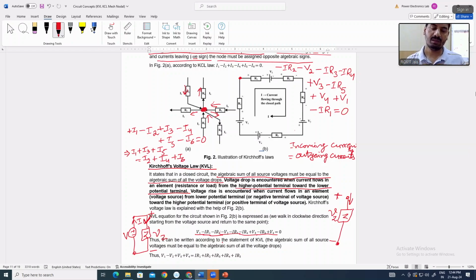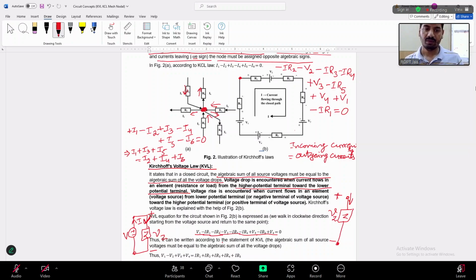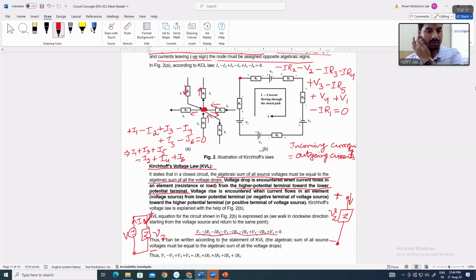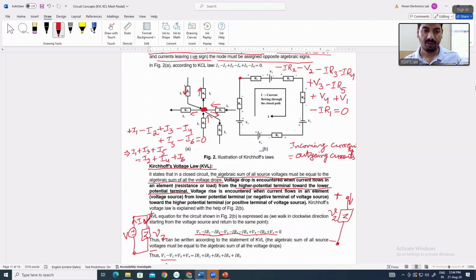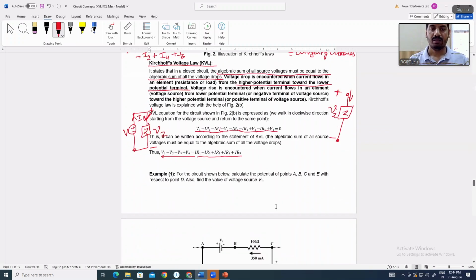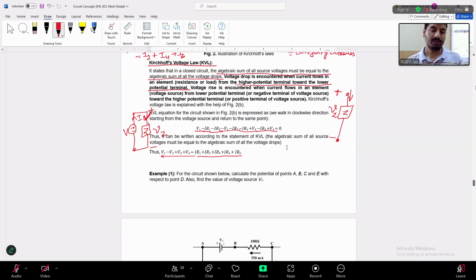So this is the KVL equation. And if we separate voltage source values and voltage drops across elements, you can write V1 minus V2 plus V3 plus V4 is equal to IR1 plus IR2 plus IR3 plus IR4 plus IR5. This makes an equation.